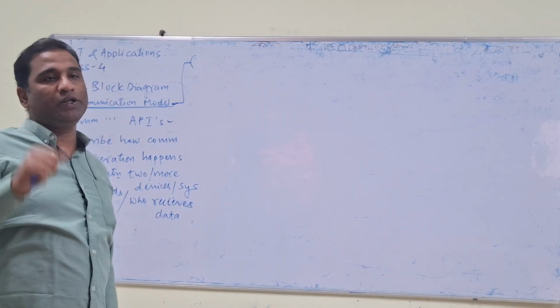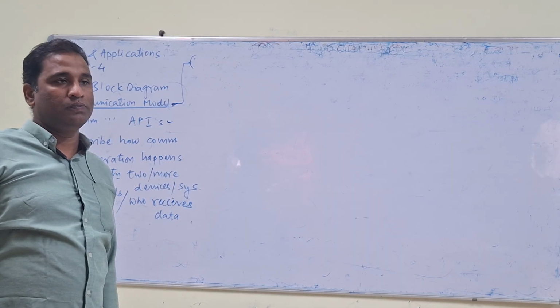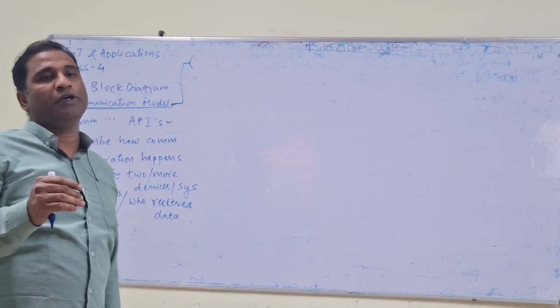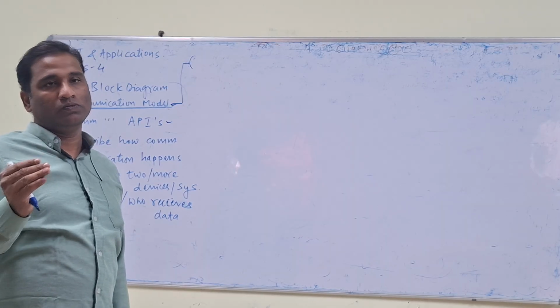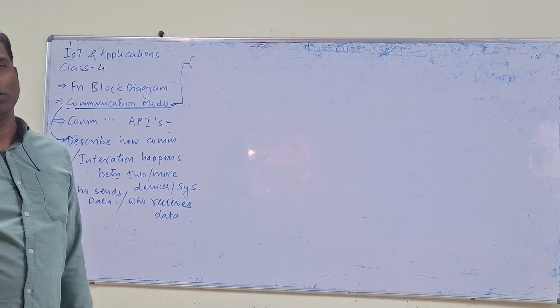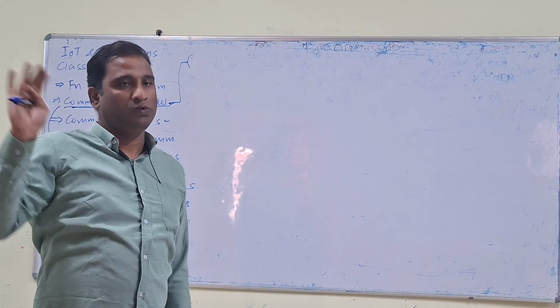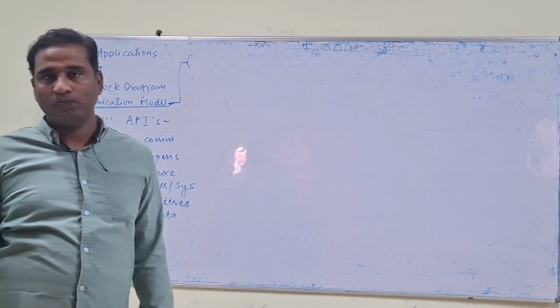Whenever you call your parents, when you are on call, you are speaking to your parent, and another person calls, will it disconnect automatically and you start speaking to them? No, it does not happen.